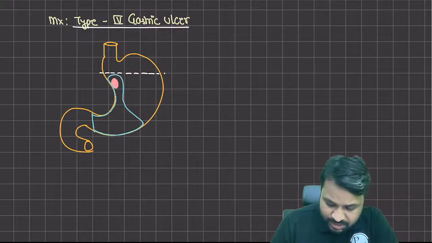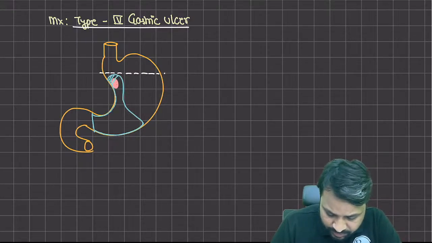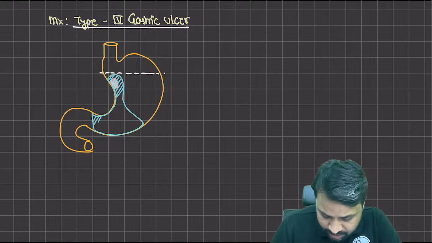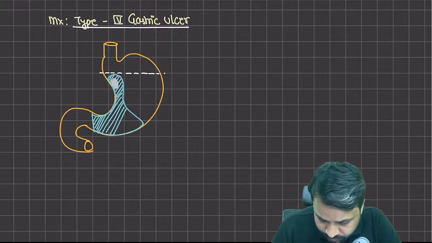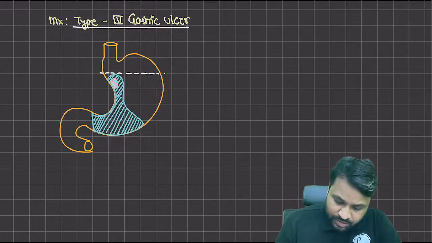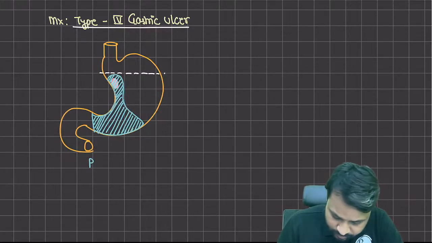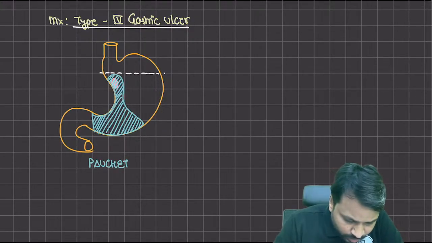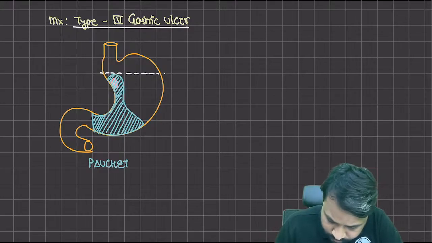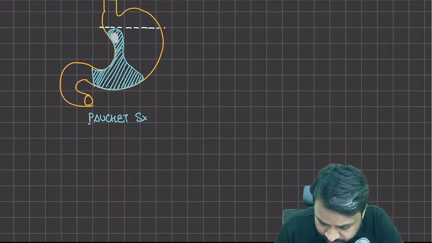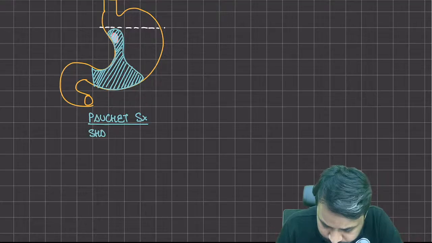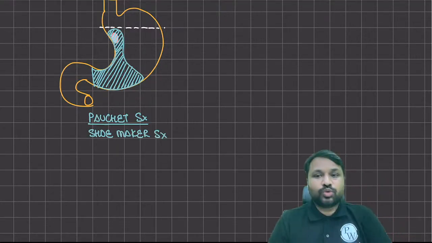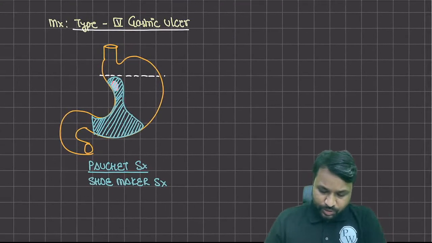If you remove this and then make the rest of the anastomosis, this is what we call the Pauchet surgery, or also commonly referred to as the shoemaker surgery. ठीक है. एक option ये हो गया.